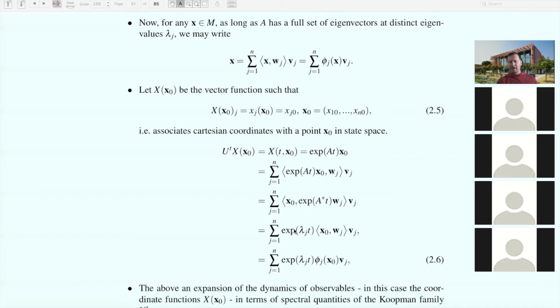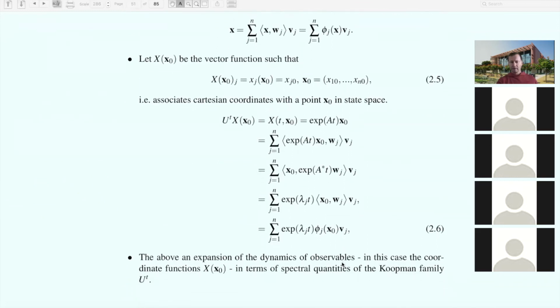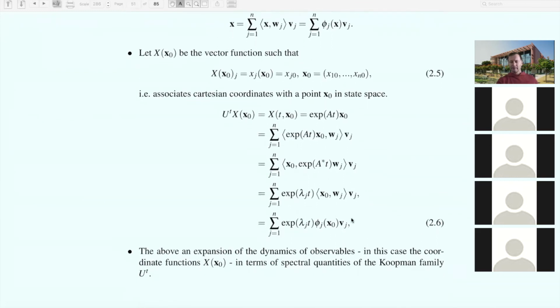So when we put it out of the inner product, it ends up being e^(λ_j t). x0 w_j we recognize. That's the eigenfunction of the Koopman operator at the point x0, and then v_j is the eigenvector of A. And so this is an interesting result. It is in parts well known.